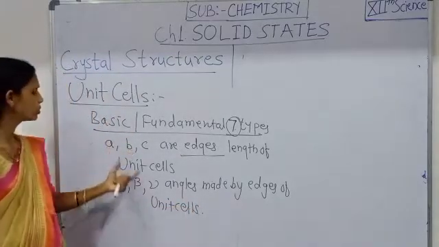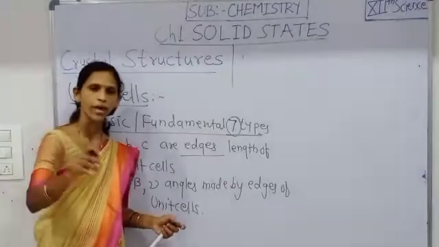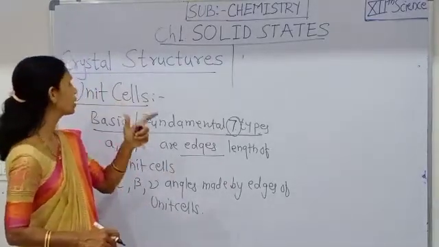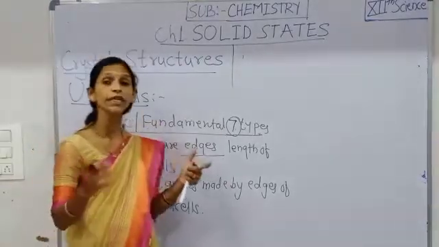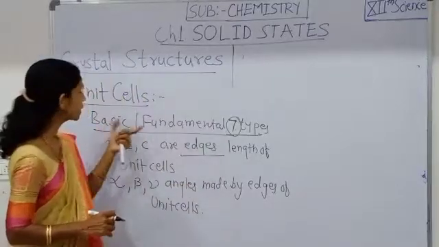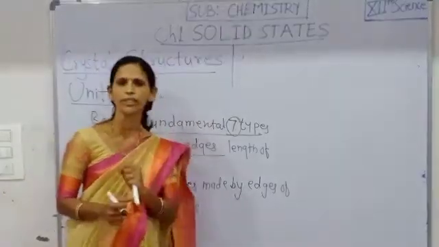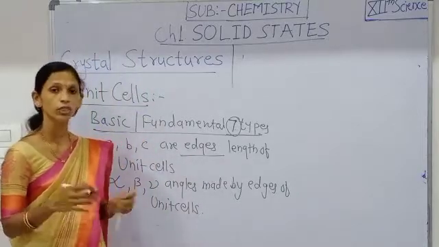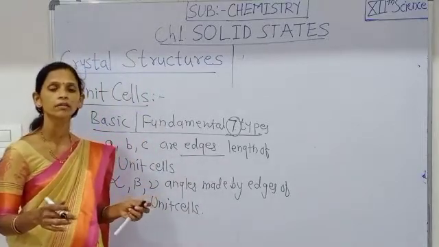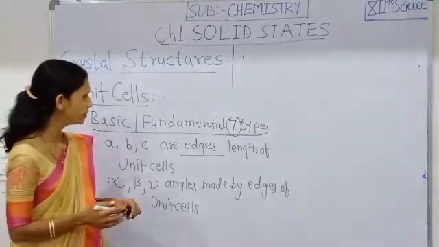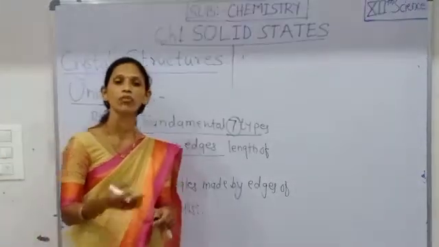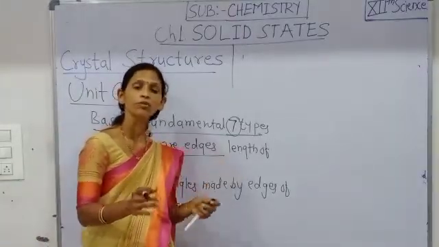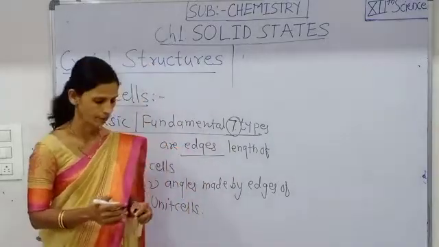Depending upon those 2 types of parameters, there are 7 basic fundamental types of unit cells, which are further classified into a total of 14 types of unit cells.